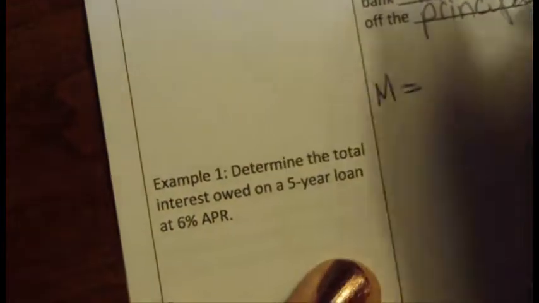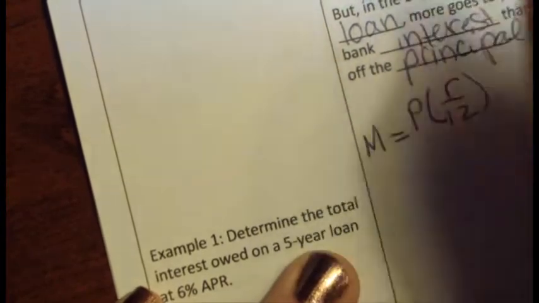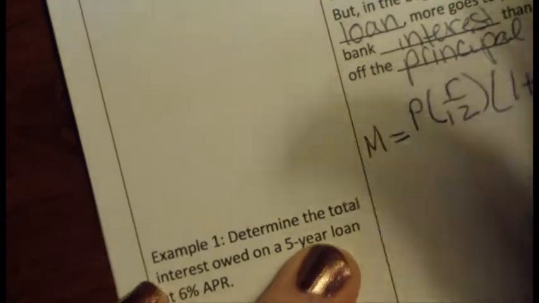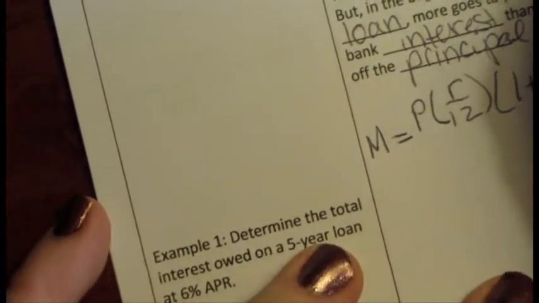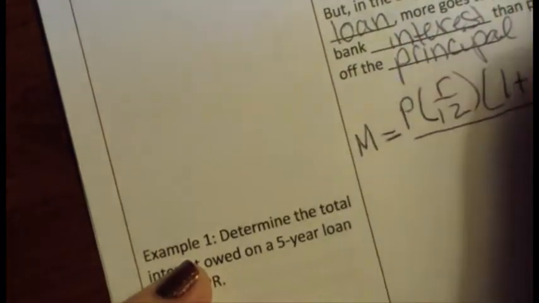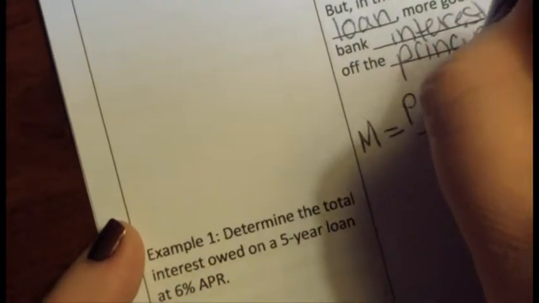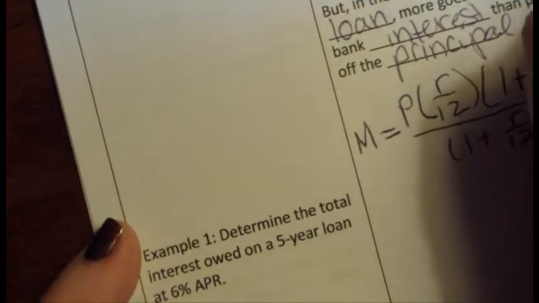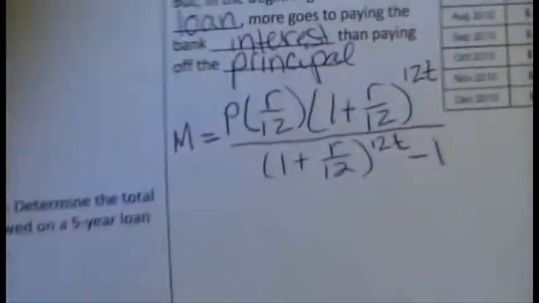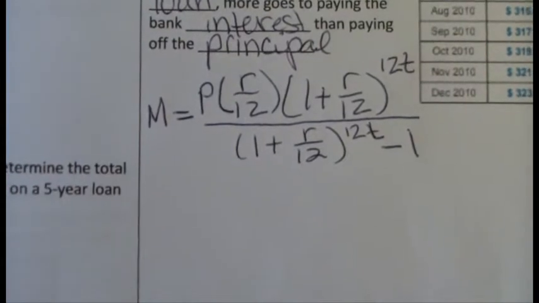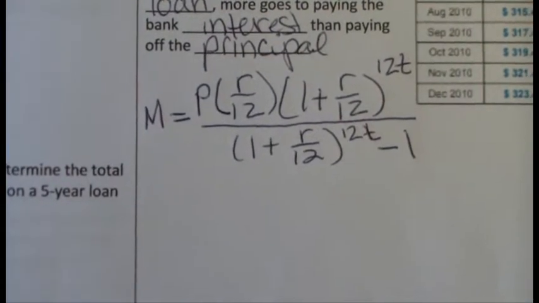M equals P times R over 12 times 1 plus R over 12 to the 12t, all divided by 1 plus R over 12 to the 12t minus 1. All right, so that's just the formula we used last section to figure out monthly payments.